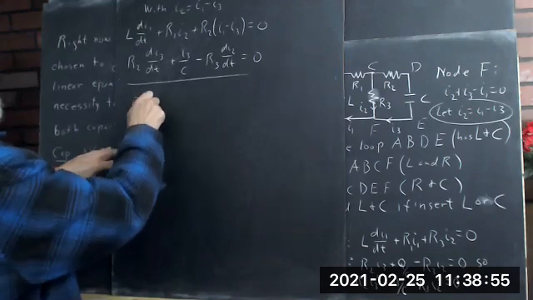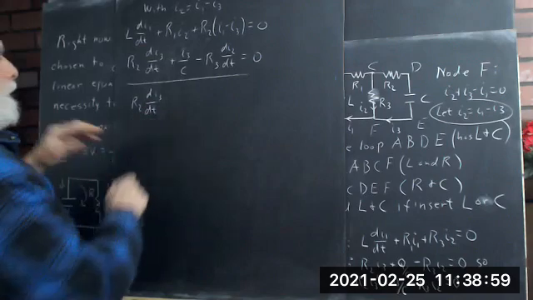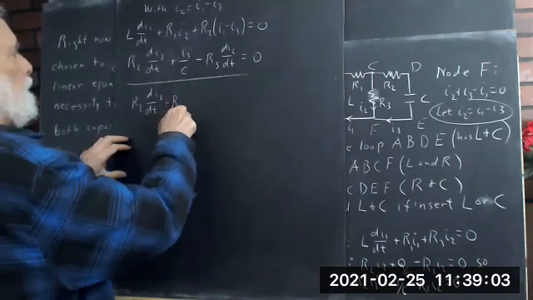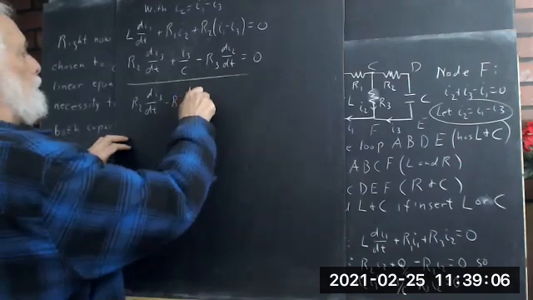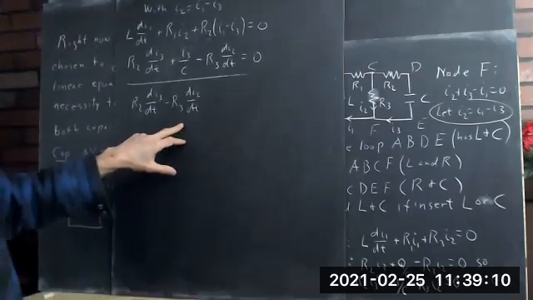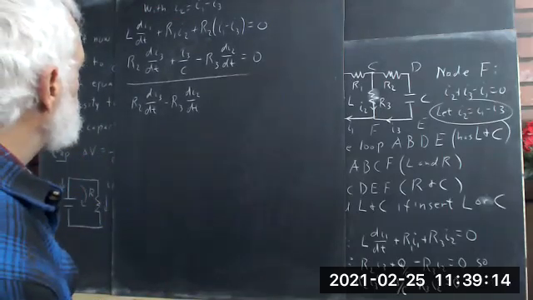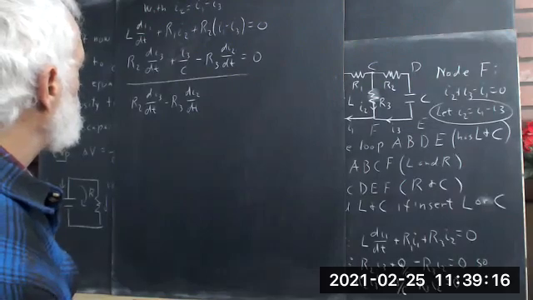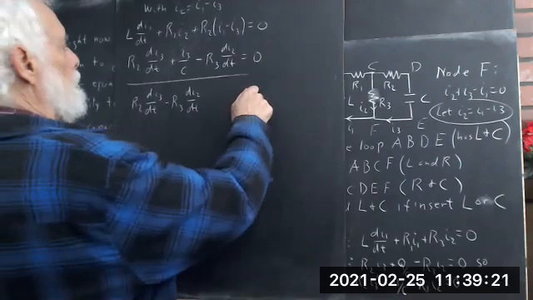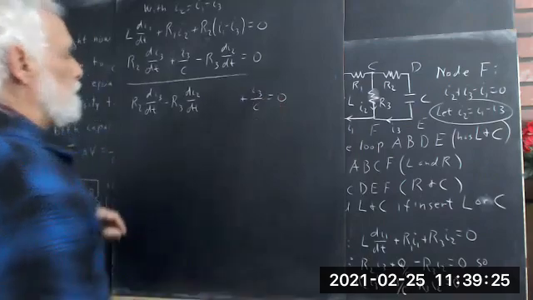We have R2 dI3/dt minus R3 dI2/dt plus I3 over C equals 0.